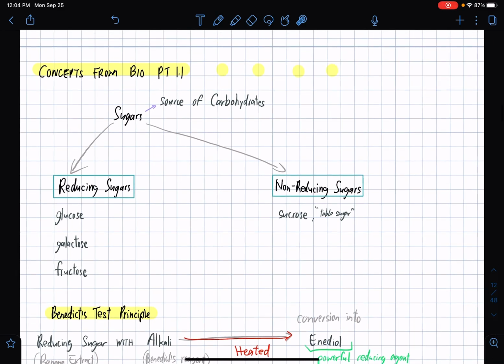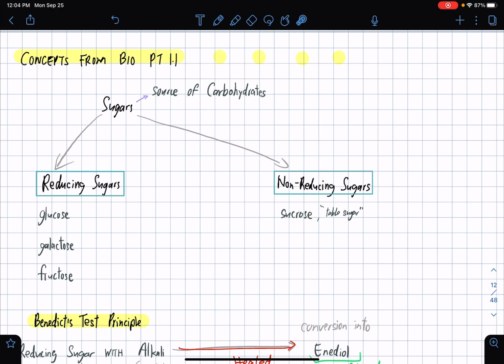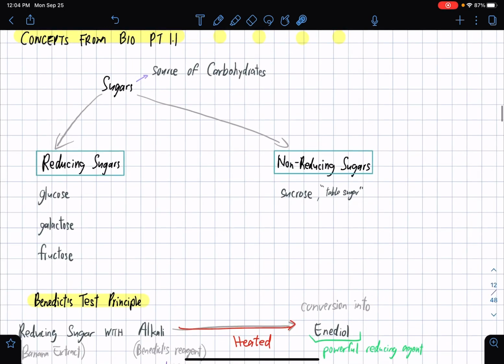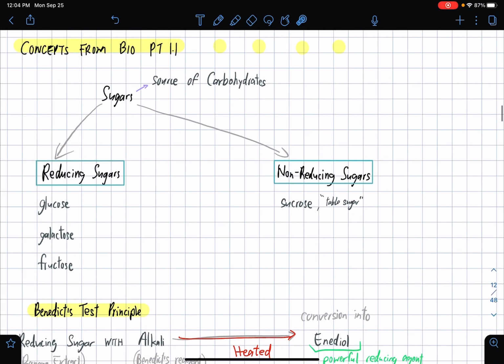Oh yeah, this is a concept from one of our biology performance tasks. Sugars are classified into two things: reducing sugars and non-reducing sugars.